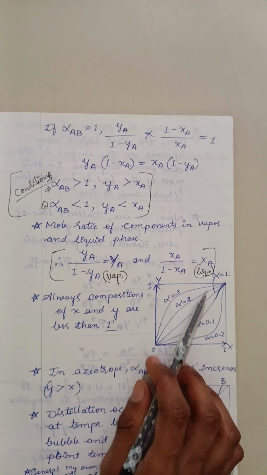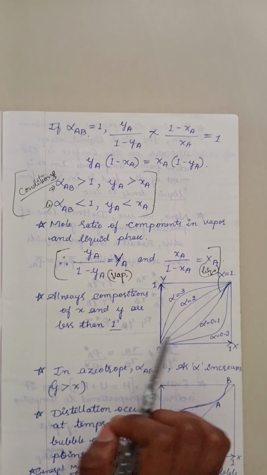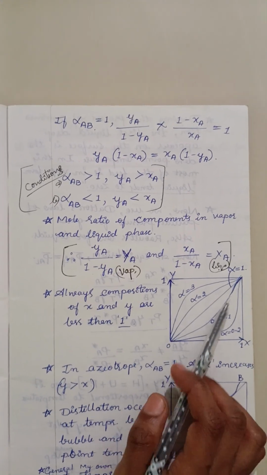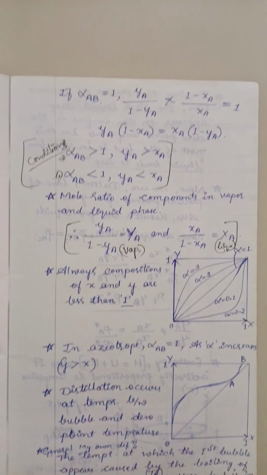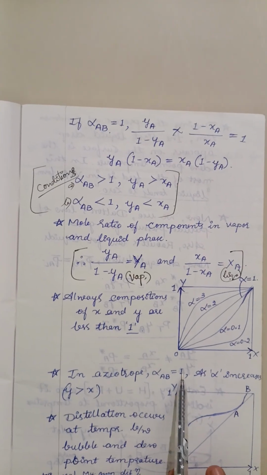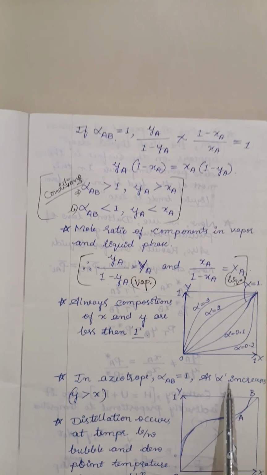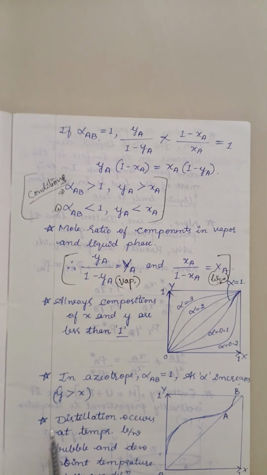If the alpha value is less than 1, it will be 0.1, 0.2, 0.3 and it will be below the diagonal line. Above the diagonal line we have alpha values greater than 1. In an azeotrope, alpha AB will be 1. This shows that as alpha increases, Y is greater than X.